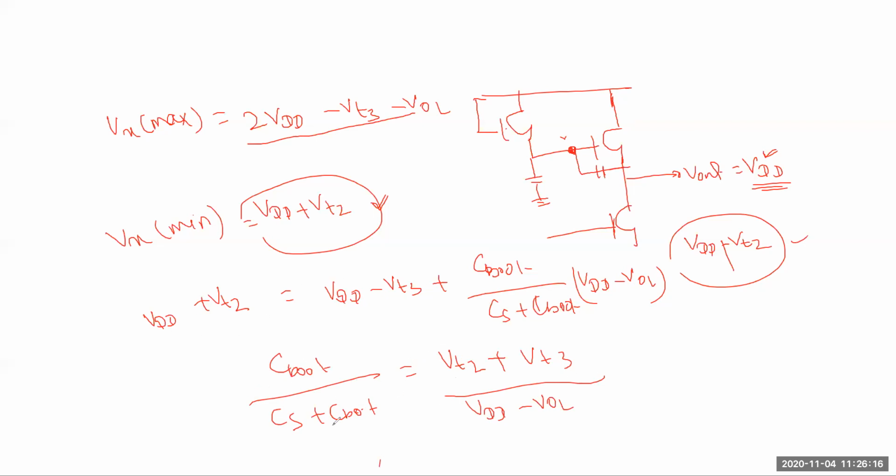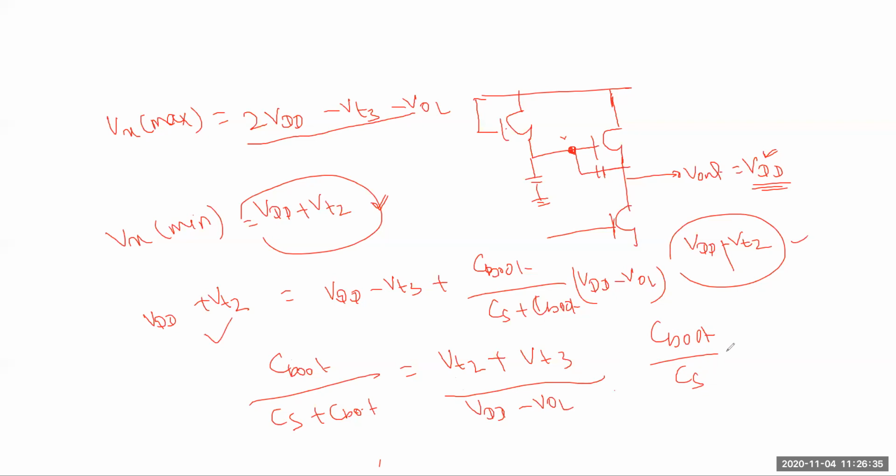So again, here this is C boot by CS plus C boot, but if you calculate only C boot by CS, you need to satisfy this condition. What will be the ratio between C boot and CS?